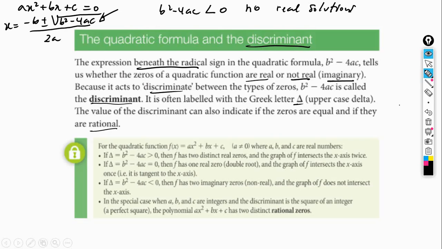If the discriminant, b squared minus 4ac, is equal to 0, then the equation has one real solution. And finally, if the discriminant is greater than 0, then it would have two solutions, right? And don't forget that these are real solutions.